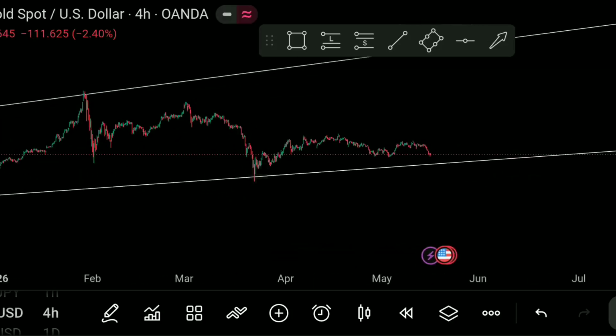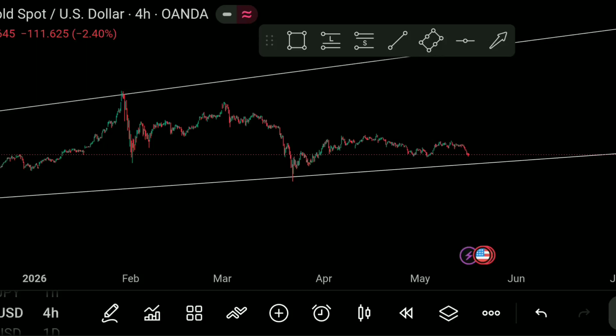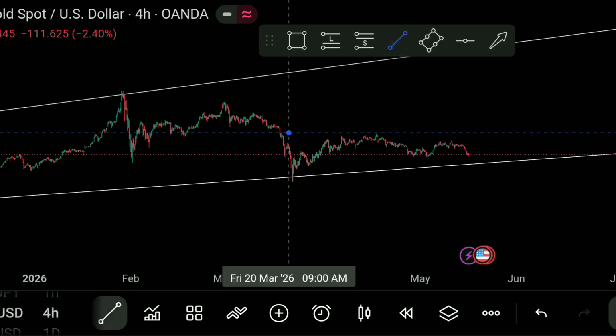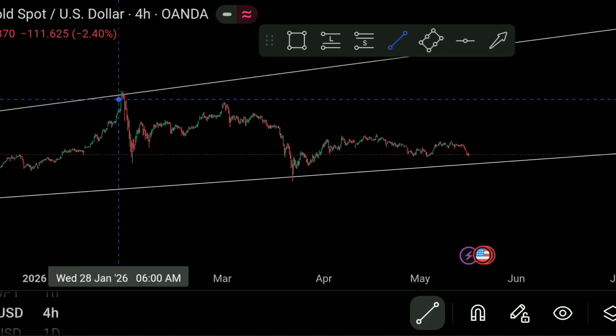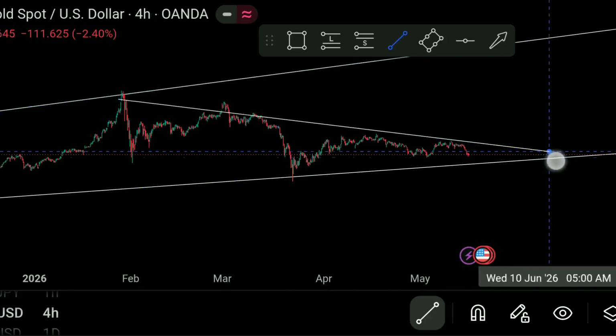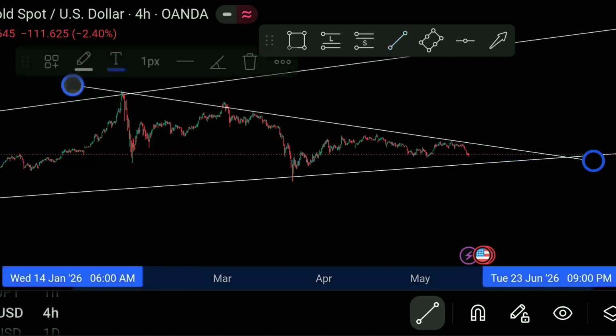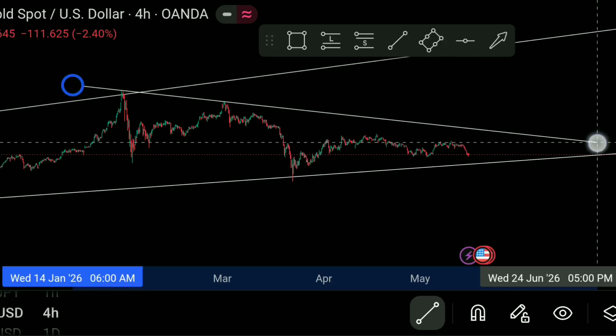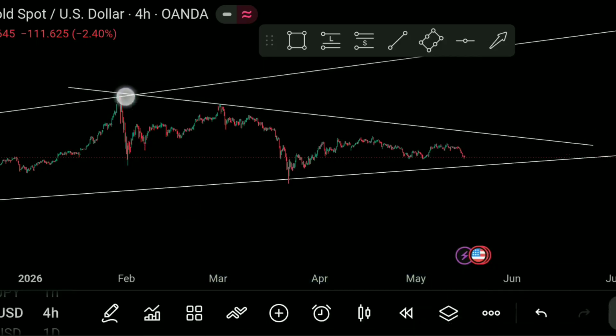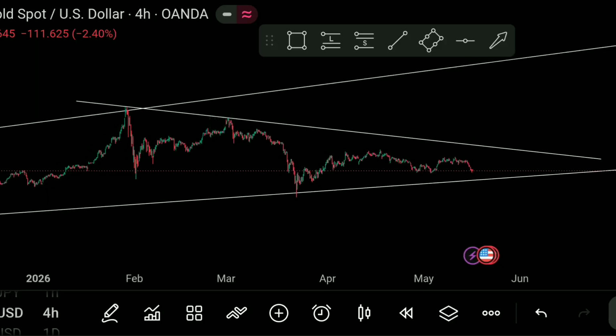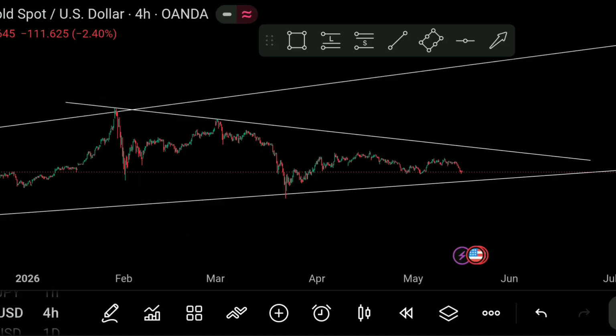Now coming to this 4-hour time frame, you can see that this 4-hour time frame is a downtrend. Now the downtrend is about to finish. Are you seeing it now? It's a downtrend. So you touch this tip here, also touch this tip here. Something happened.